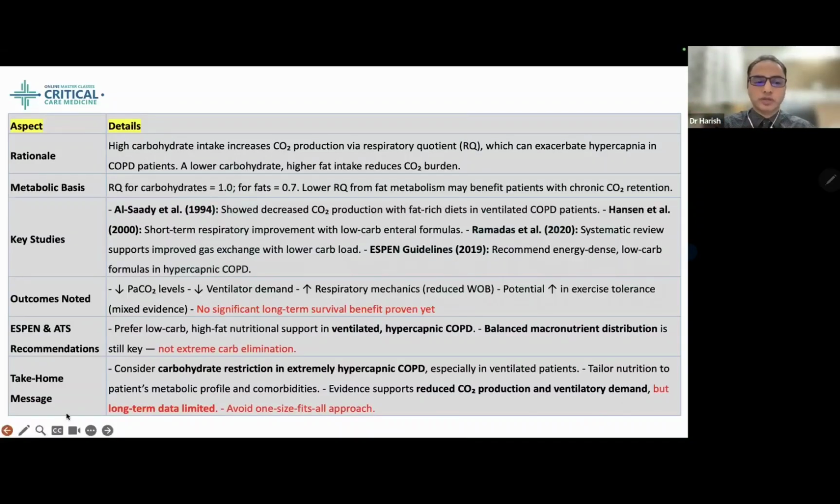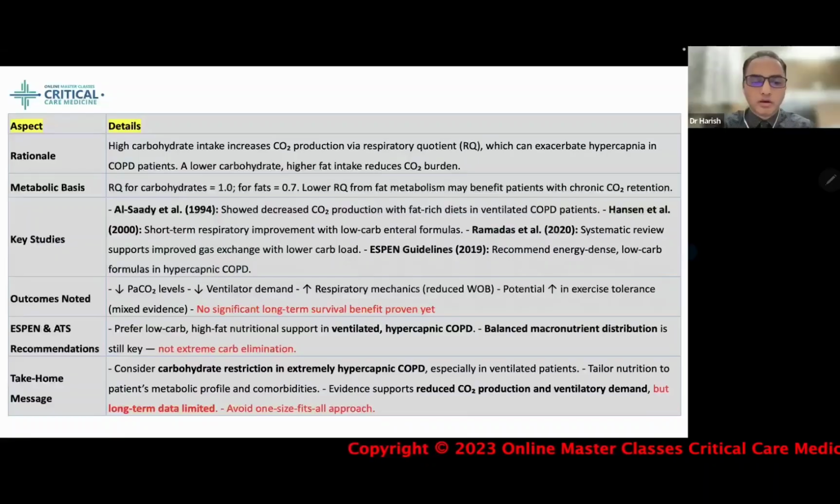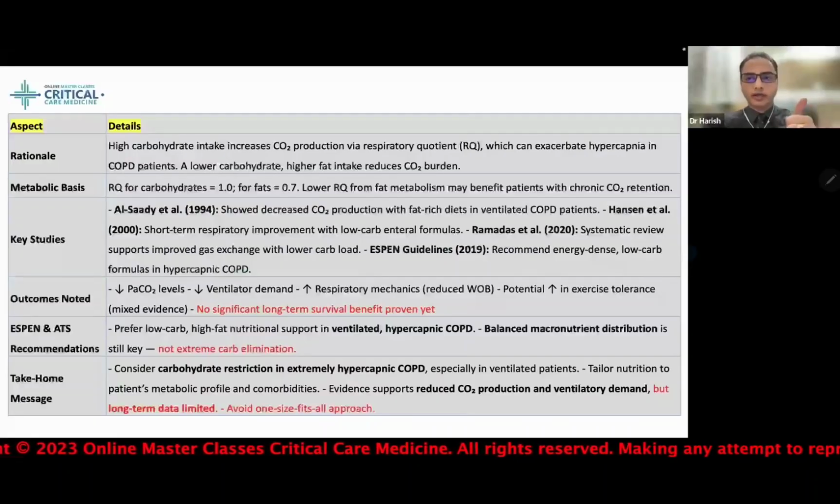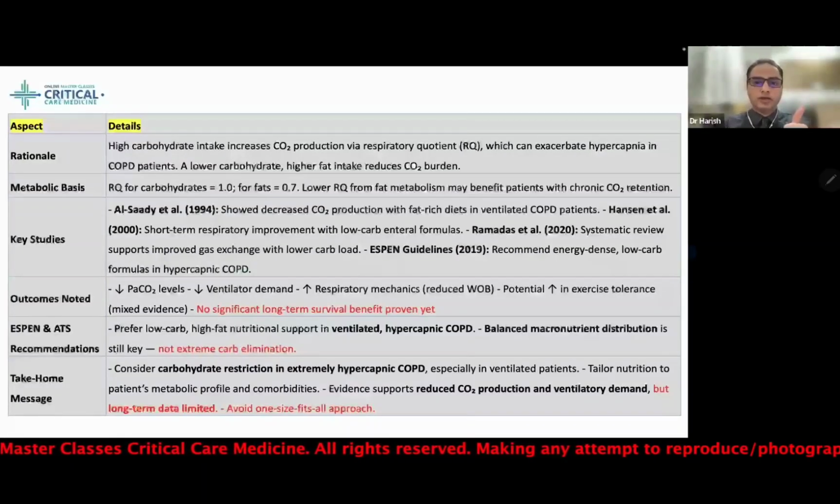Tailor nutrition to the patient's metabolic profile and comorbidities. Evidence supports reduced carbon dioxide production and ventilatory demand, but there is no long-term data. Avoid a one-size-fits-all approach. No need for totally avoiding carbohydrates; you can give adequate carbohydrate, but excessive carbohydrate is not needed.